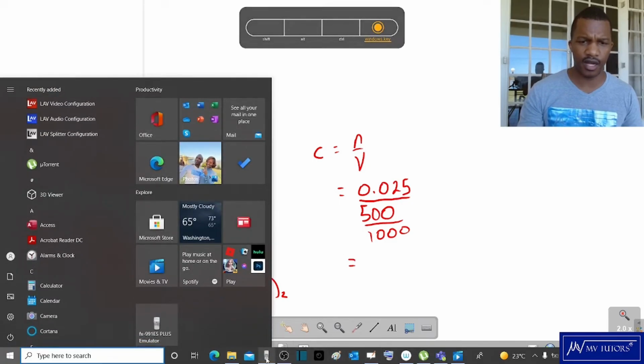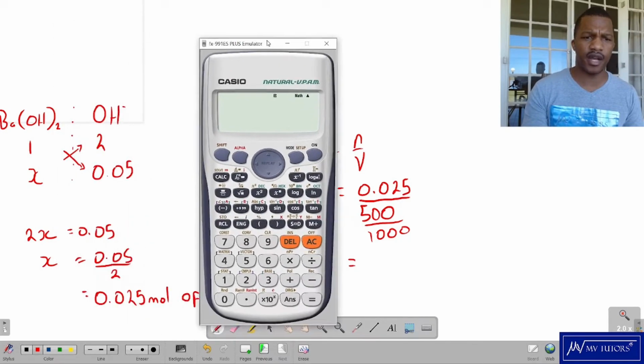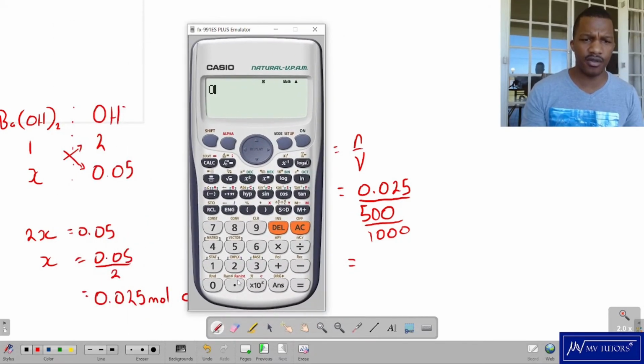Okay, so let's get our calculator. First of all, let's just check 0.05 divided by 2, 0.025, so we are cool there. Now let's put this one.